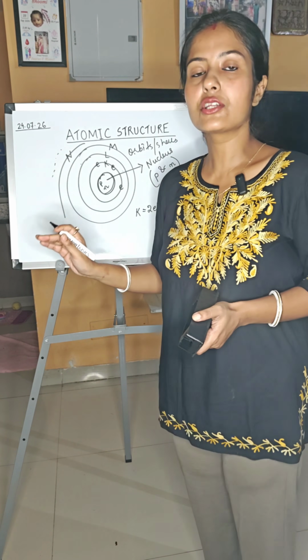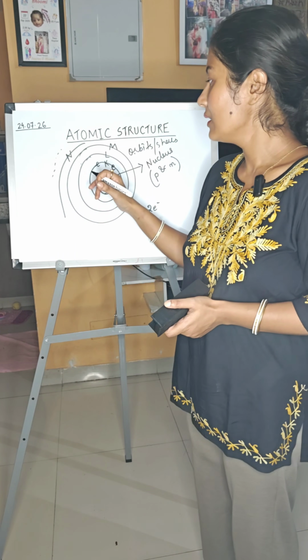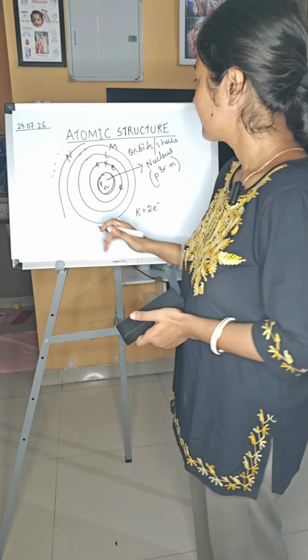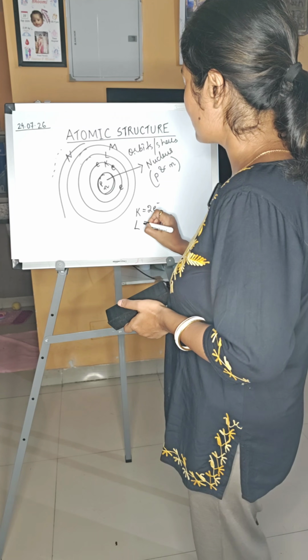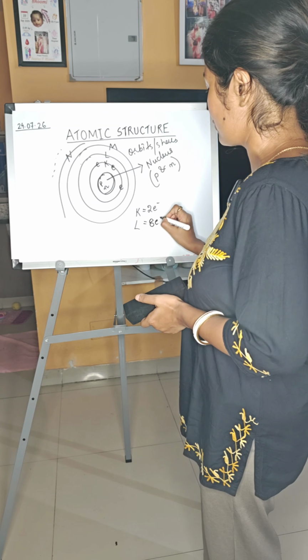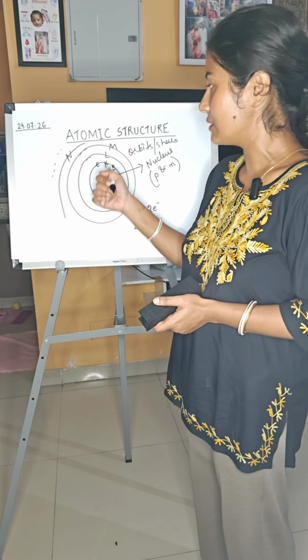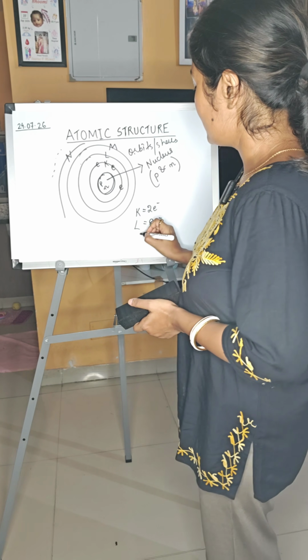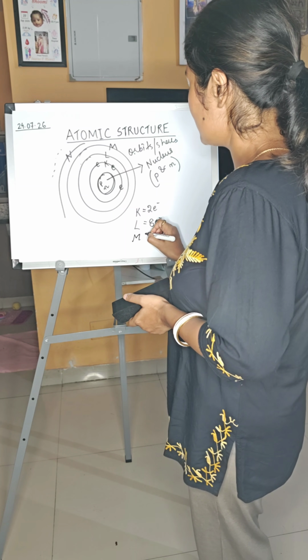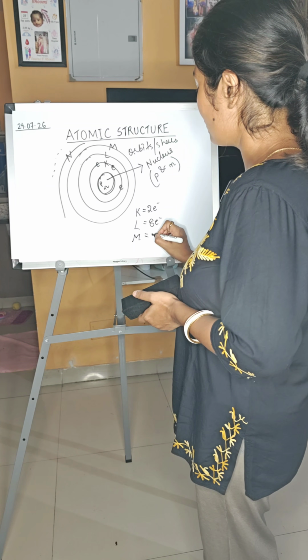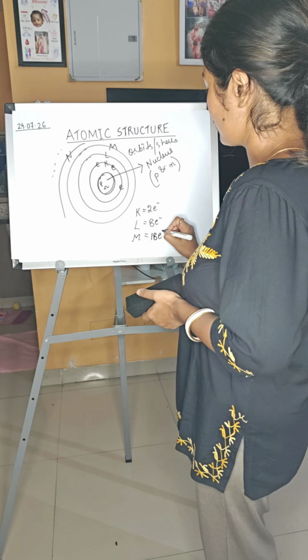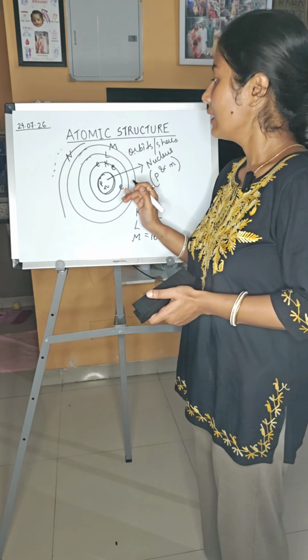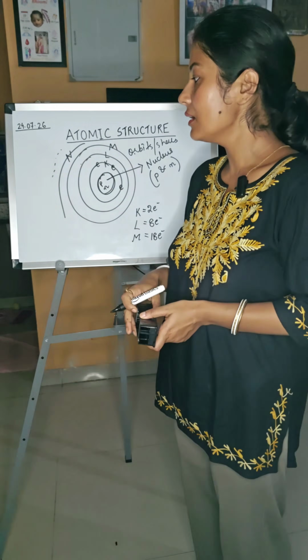You cannot accommodate more than 2 electrons in the K shell or the first shell. The L shell can accommodate a maximum of 8 electrons. You cannot exceed 8 electrons in the L shell. Similarly, the M shell will accommodate a maximum of 18 electrons. So this is how electrons will be accommodated in the shells.